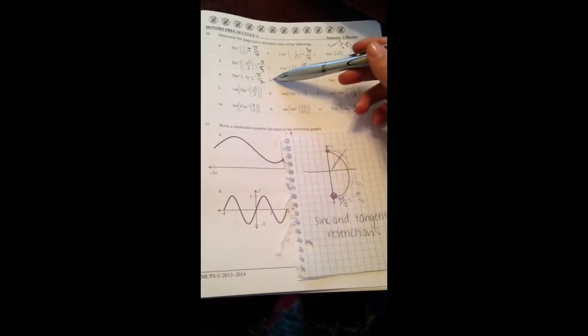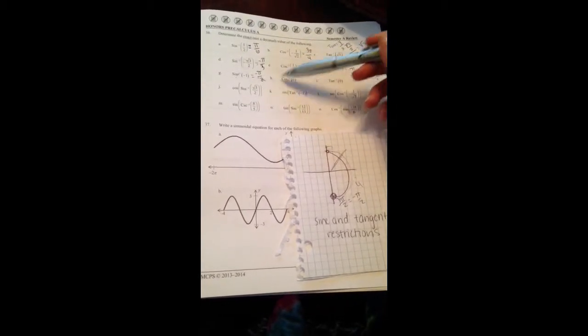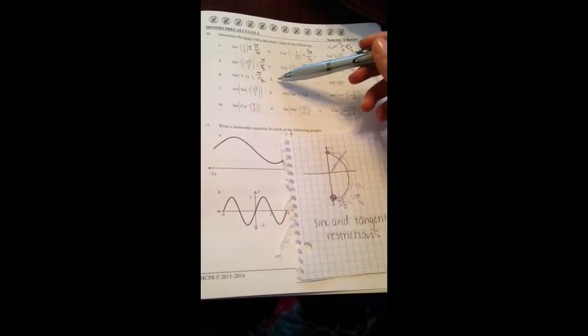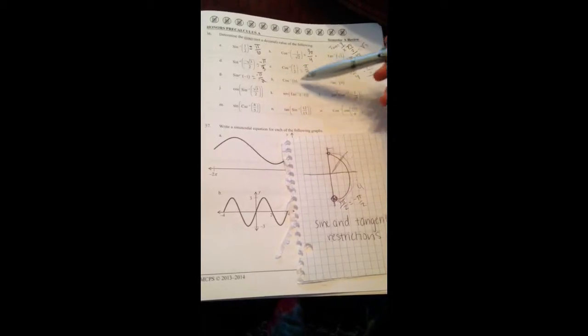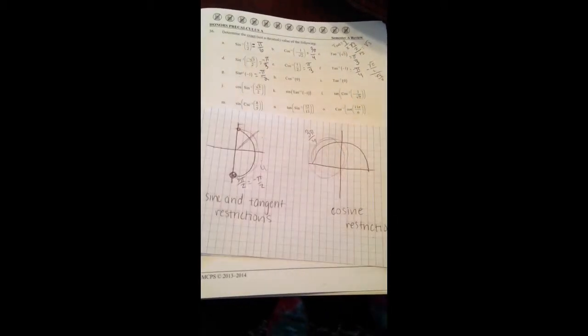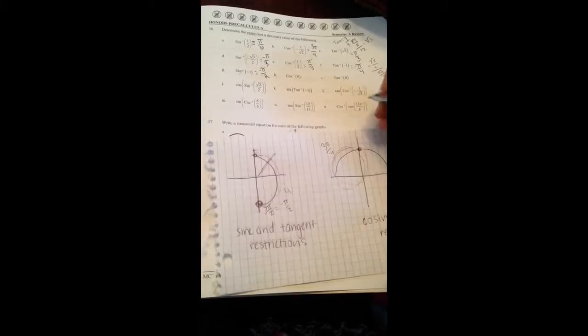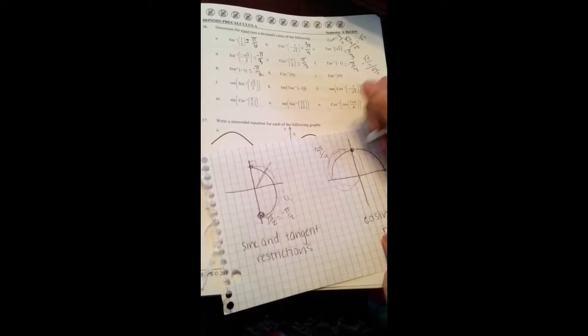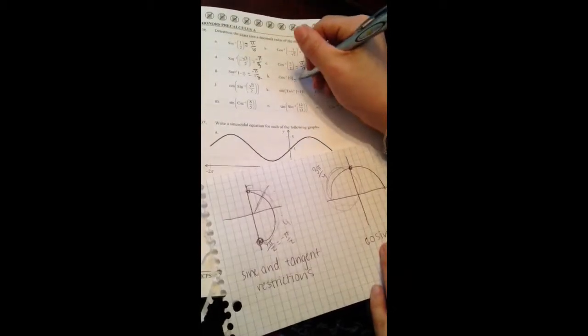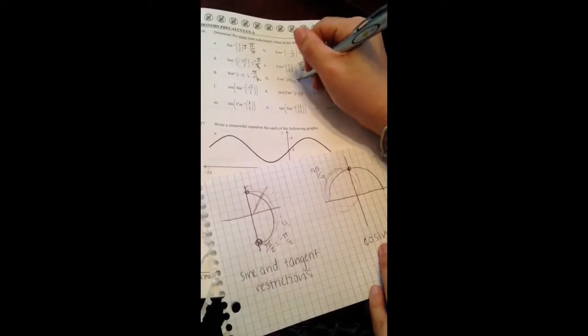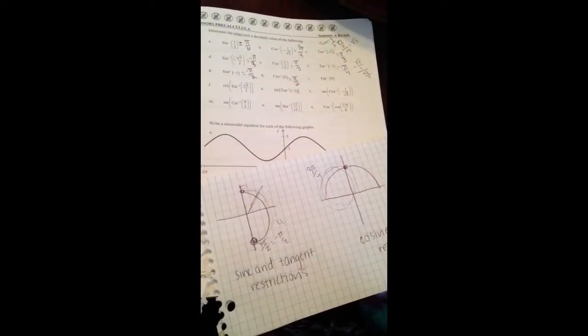Okay, so next we have H, and it says inverse cosine of 0. We know that cosine is x, so when x is 0, on here we see x is 0 up at the top, and this point is pi over 2. Okay, so next we have I, and it states the inverse tangent of 0.